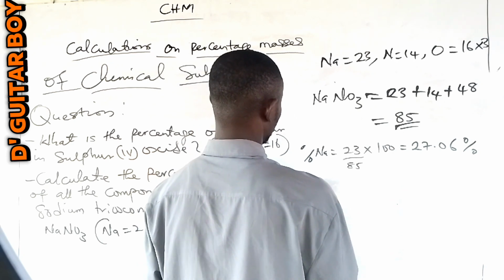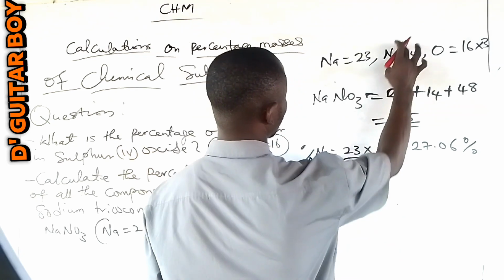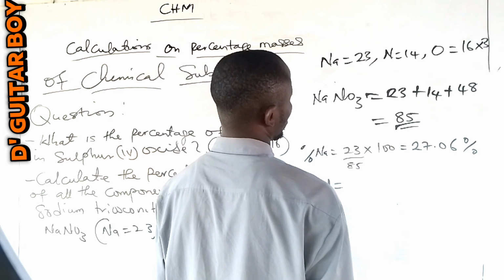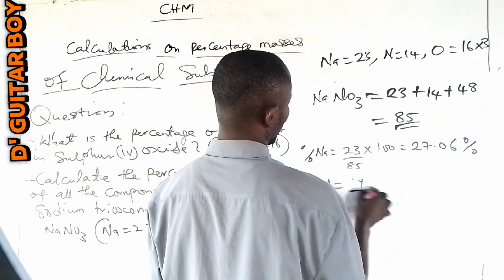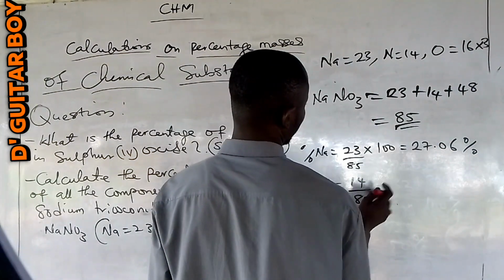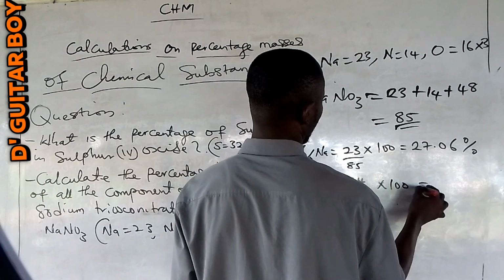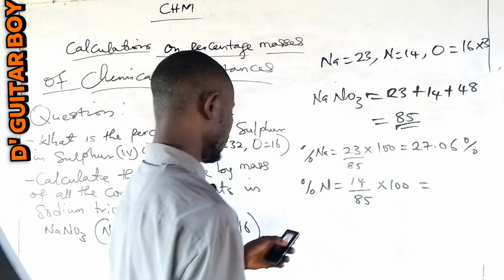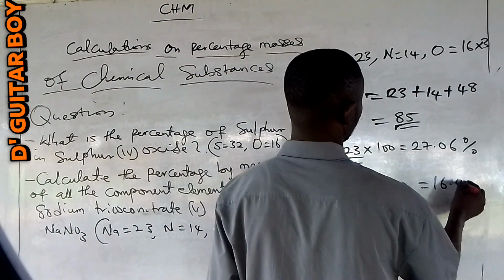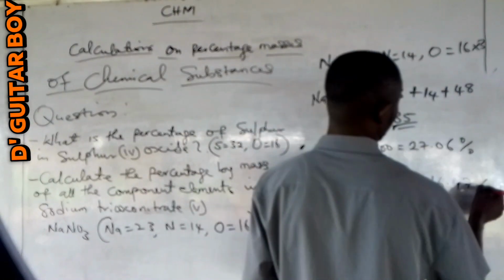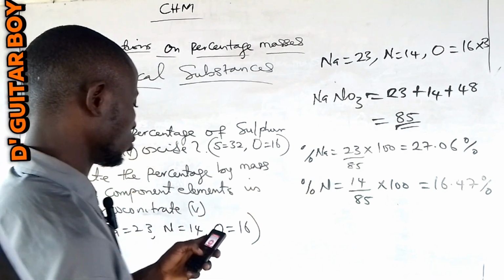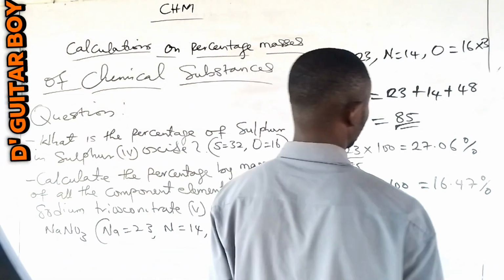For nitrogen, the percentage of nitrogen is the fractional mass of nitrogen in the compound, which is 14 all over the total, 85, times 100, equal to 16.47%. That is the answer for nitrogen.